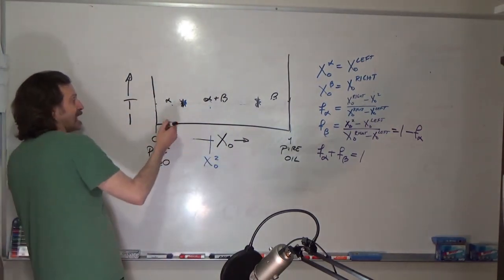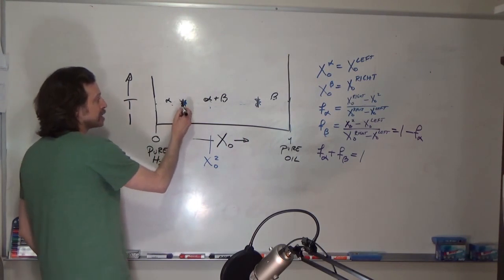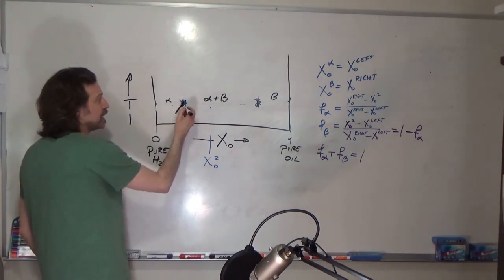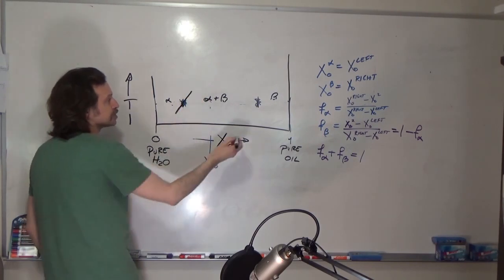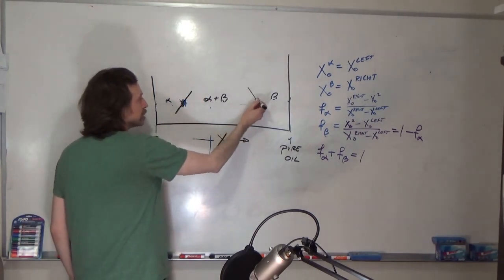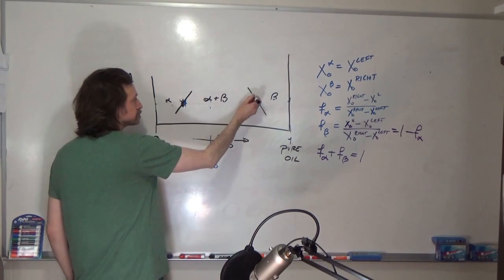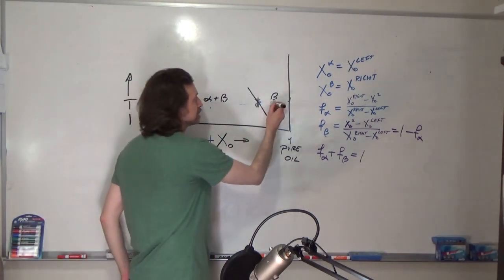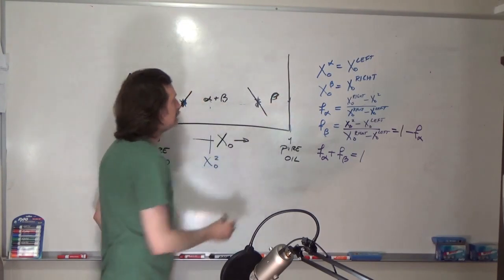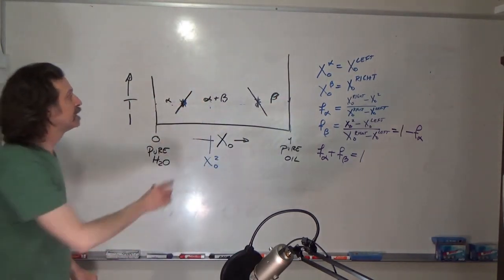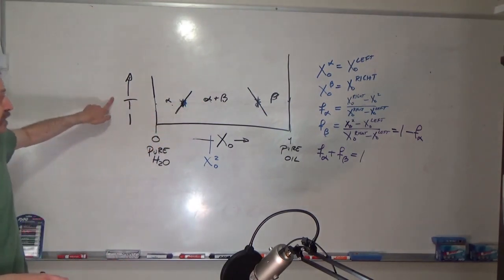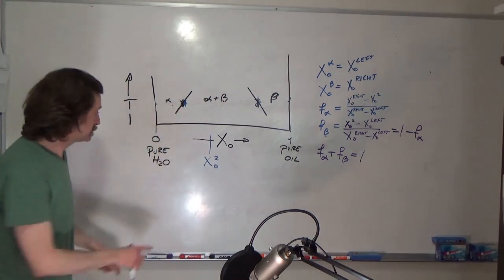So that means that as we go down in temperature, this is going to go this way. And as we go up in temperature, it's going to go like this. And the beta is going to look like this.